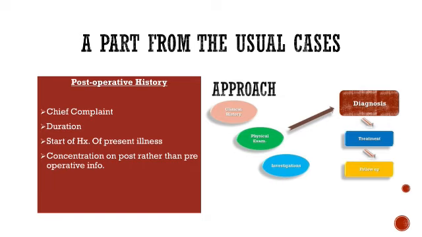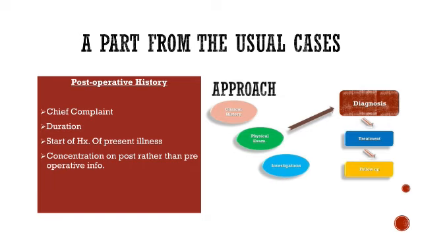Does the patient have any GIT symptoms like vomiting, nausea, sore throat, dysphagia? For example, after thyroid surgery, the patient has difficulty in swallowing. In addition to that, abdominal pain and so on. So analysis of GIT is very important.